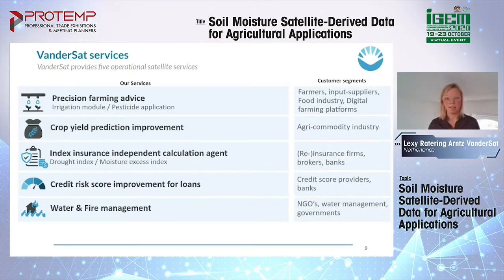This is an overview of the services that we provide to clients. Precision farming advice is mostly focused on irrigation, pesticide reduction, but also fertilizer management. Crop yield prediction: we've noticed that our soil moisture satellite data set really correlates well with the observed crop yields, and that's why we've started a crop yield prediction service for the agri-commodity industry.